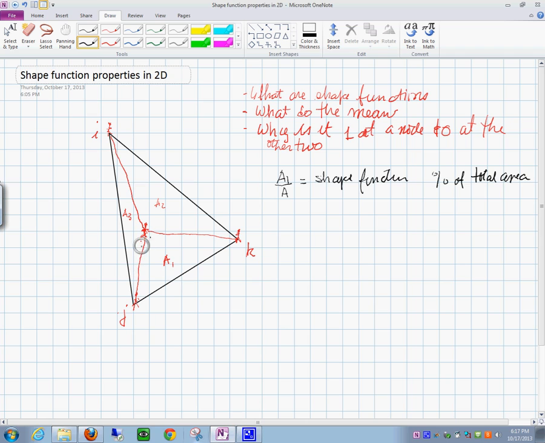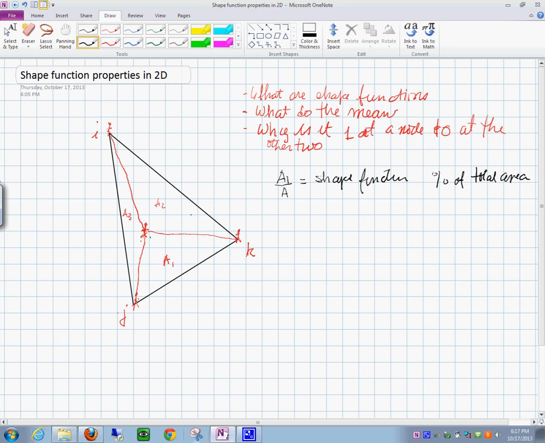Hopefully he doesn't get all strangled by all these three guys pulling him. But this one, let's say he pulls it this way. Where does this point come? If he pulls over here, isn't it true that A3 is equal to A?